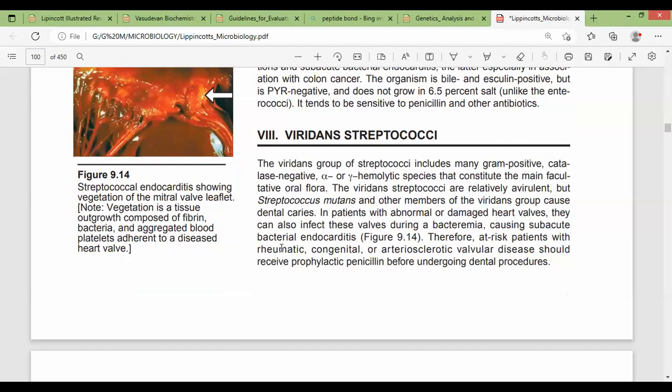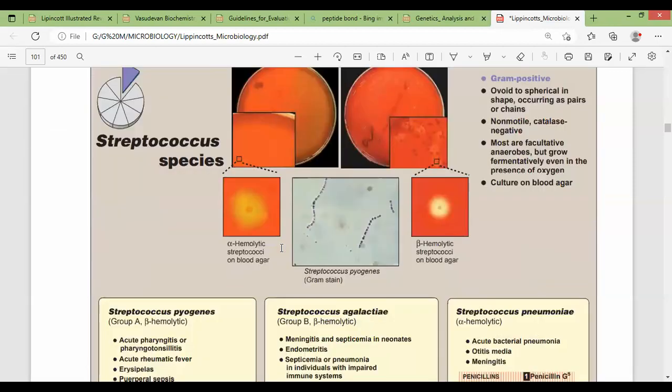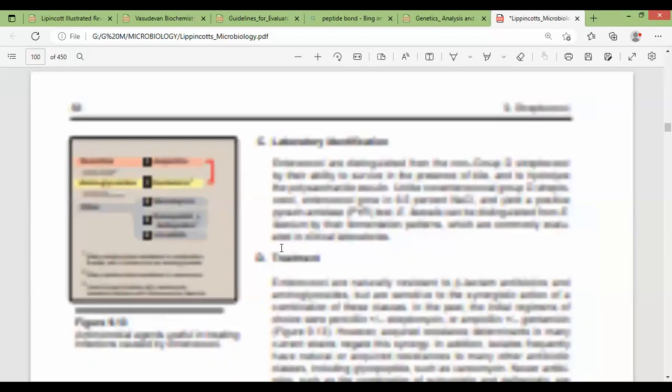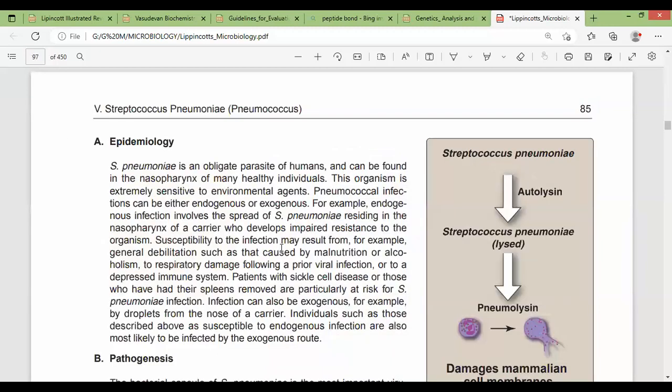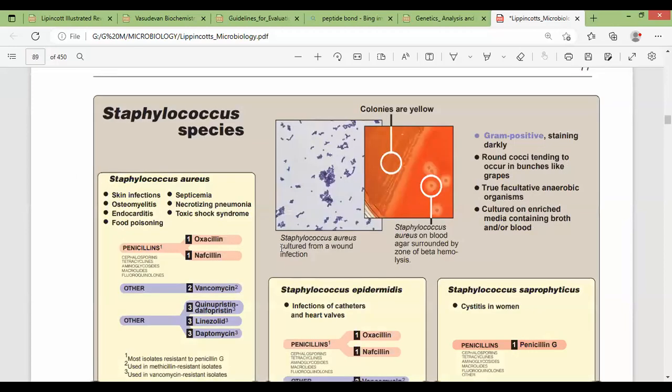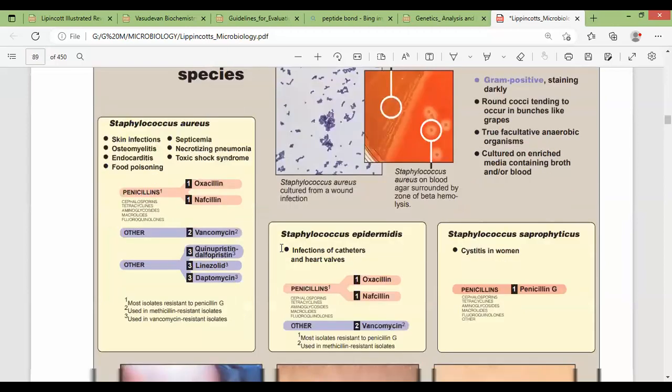So, recap of streptococci. Number one, these ones you can always throw them as catalase negative. That one we compared with what? Staphylococci. Let me just take you back because we are done. We compared it with our good friend Staphylococci.